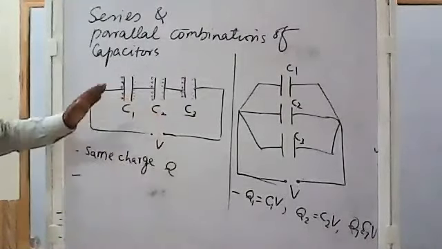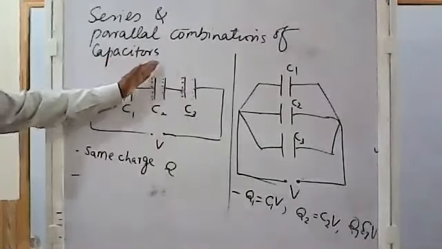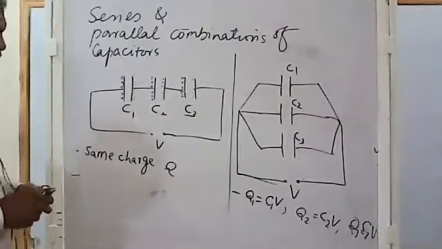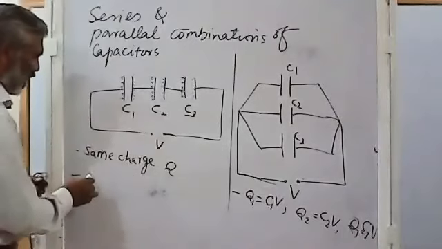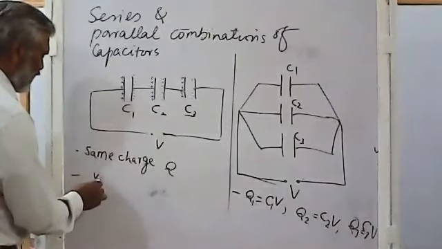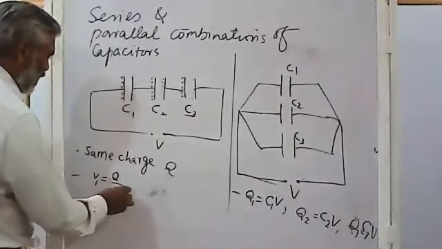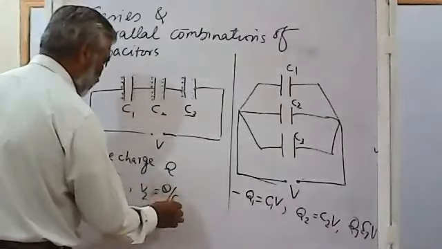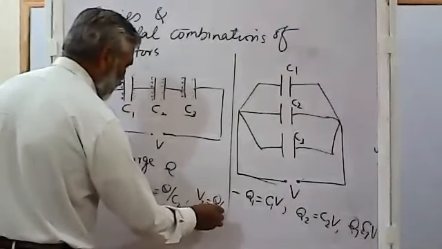Of course, all these values of potential drops, V1, V2, V3, they will be equal to V, just like any other series circuit in which we connect components in this manner. So V1 is equal to Q over C1, V2 is equal to Q over C2, and V3 is equal to Q over C3.